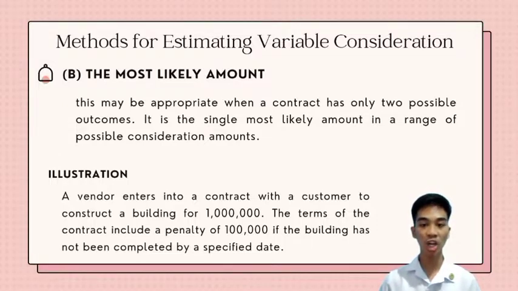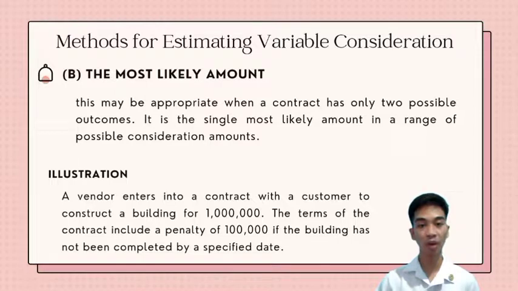When the entity has a large number of contracts with similar characteristics, and the outcome for each contract is independent of the others, the expected value method may better predict the overall outcome for the contracts in aggregate. This will be true even when each individual contract has only two possible outcomes. An example is a sale with the right of return. This is because an entity will often have better information about the probabilities of various outcomes when there are a large number of similar transactions.